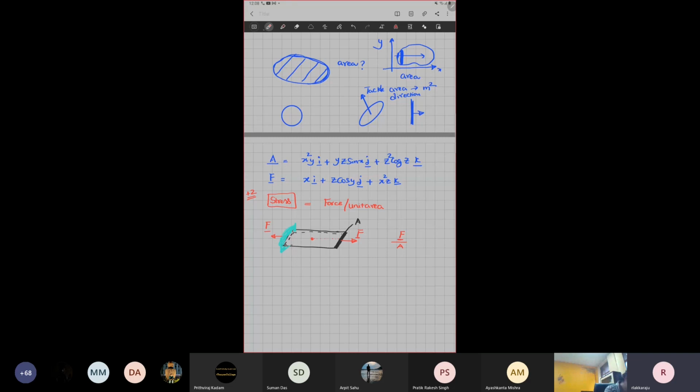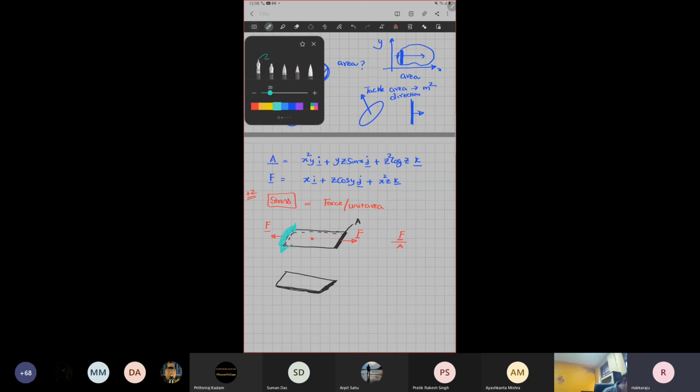Now the same situation, if I am going to ask you, the same material, but my drawing looks a bit ugly. Again, it is connected rigidly here. Now, I don't want to apply force on that plane.